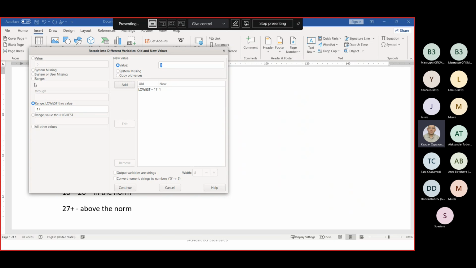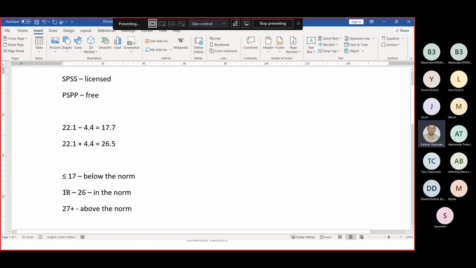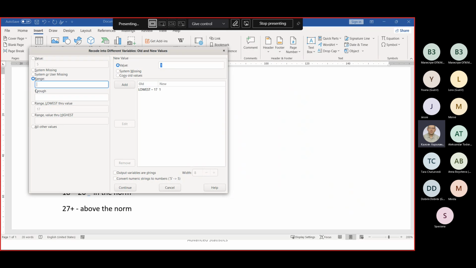After that, the second interval is between 18 and 26. So here I will type 18 through 26. The new value is 2. And again Add.